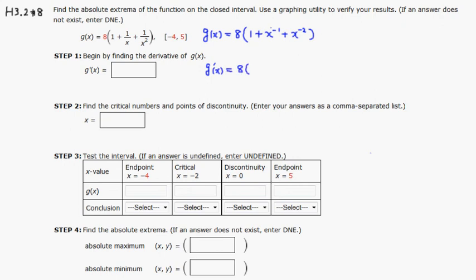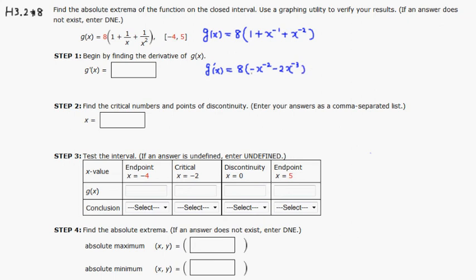Derivative of 1 is 0. Derivative of x to the negative 1 is negative x to the negative 2. And the derivative of x to the negative 2 would be negative 2 x to the negative 3, right?